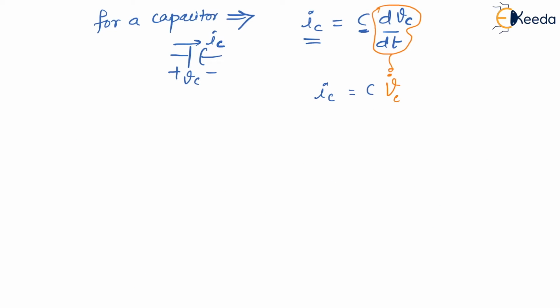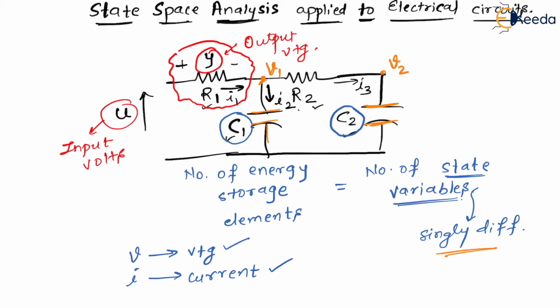We have seen that it is C into Vc dot, so voltages have to be taken as state variables in our case. You cannot take current; you only need to take voltage here, because they are capacitors, energy storage elements, and you want it to be singly differentiable, that is, IC is equal to C times V dot.